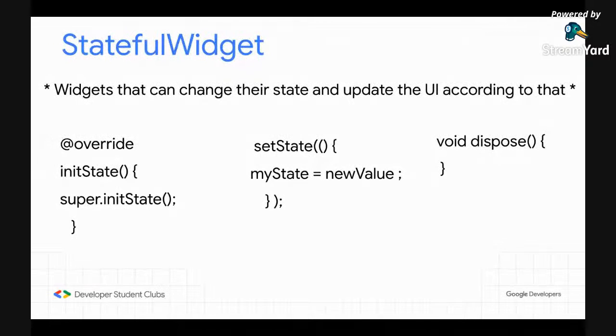We have the setState method that is used to assign the state. Then after, we have the dispose method that is basically used to dispose all the state that is created in the app lifecycle. These different methods and many more are in the stateful widget, but these are the most used ones. And these methods basically help us to do state management in Flutter.